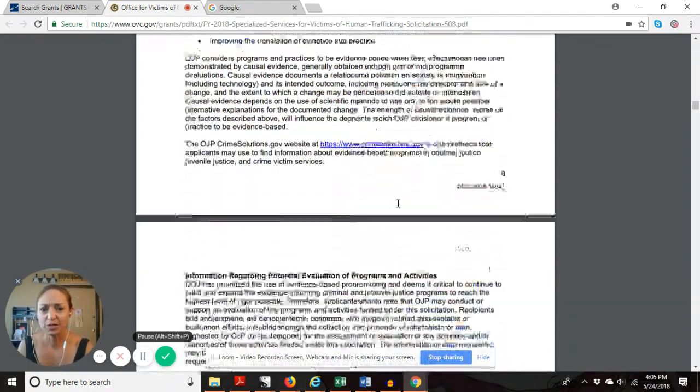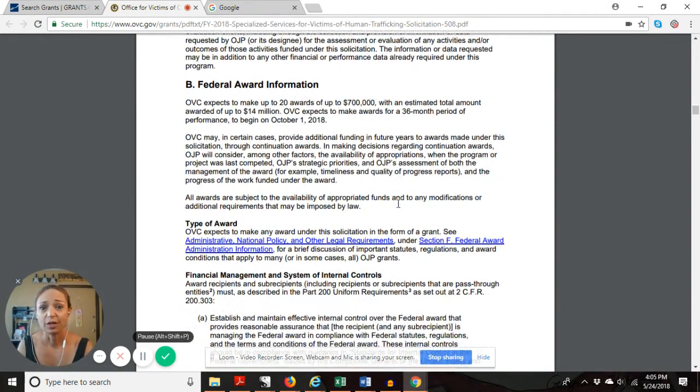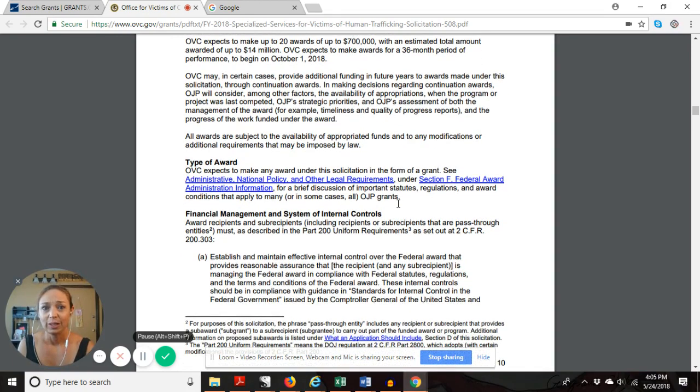So as I go down here, I just want to show you, they talk about federal award information again, and they're talking up to 3 years of time, $700,000, 20 awards, 14 mil total. And you have to apply through continuation. Now, each year, you don't have to do this whole huge competitive process again, but you do have to submit a continuing application.